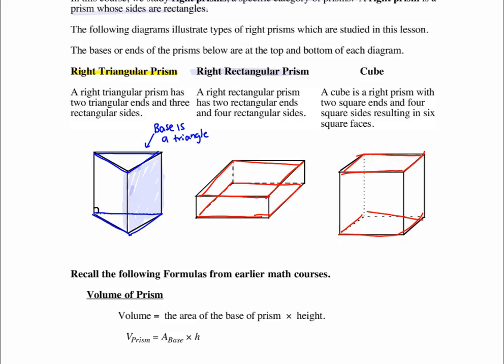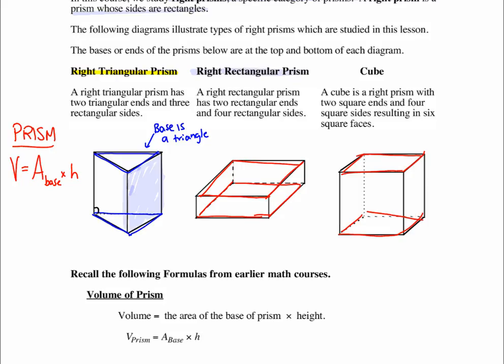Now what's really important is in grade 8, you developed a formula for volume, right? And the volume of any prism can be defined by, okay, you're jumping ahead. Even before that formula is developed, was this one: the area of the base times the height.